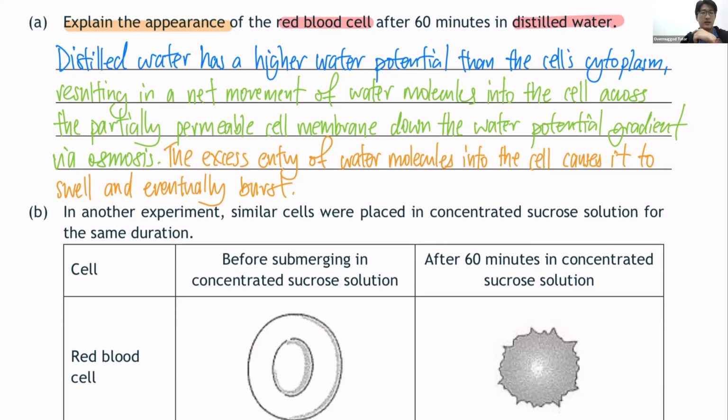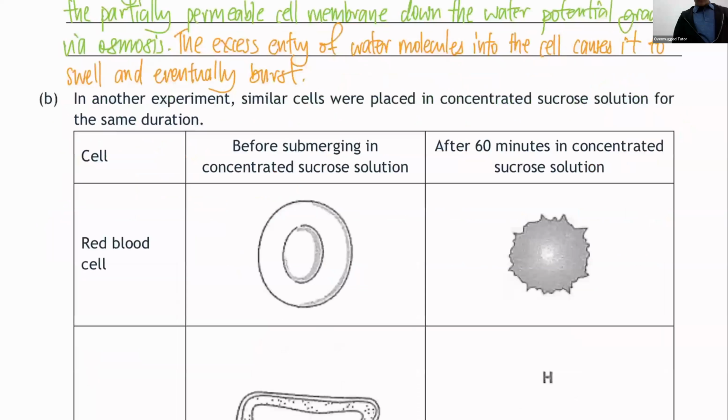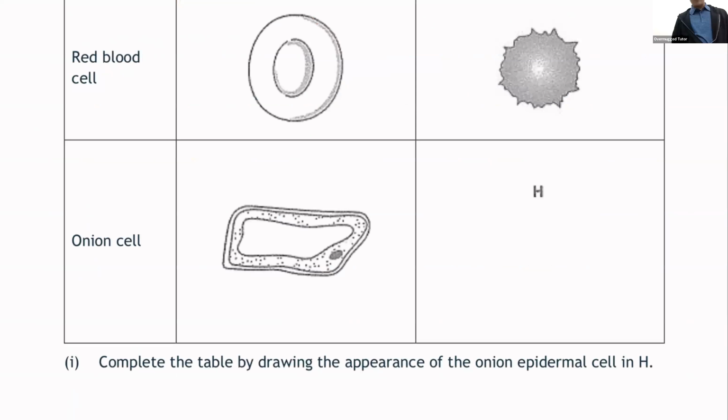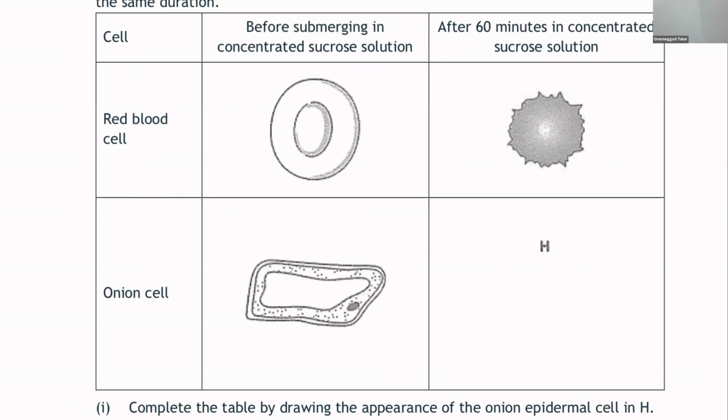If we are ready, please get your inner artist caps on and pencils out. I always share, no matter what level of education we are at, whenever we are asked to draw something, pencils out, please. The question is asking us to draw what the onion epidermal cell will look like after being placed in a concentrated solution for 1 hour.